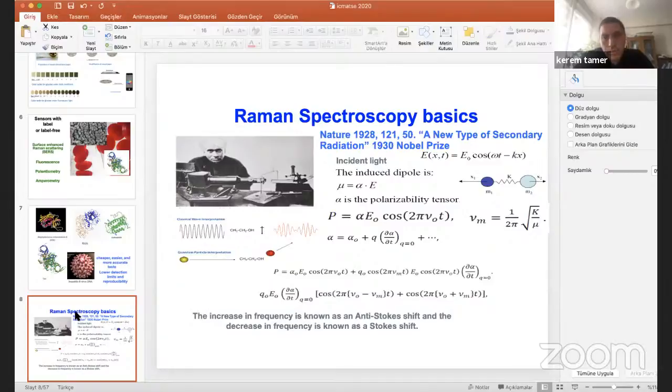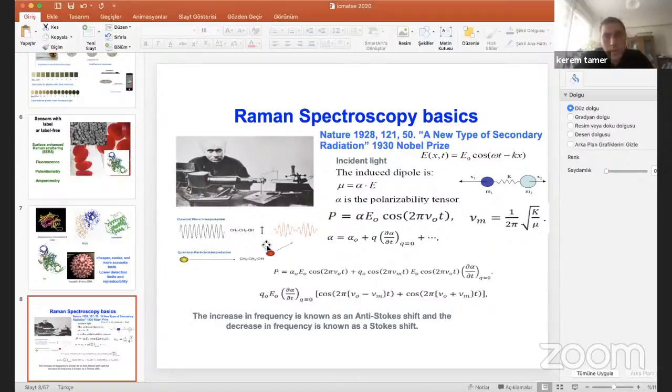Okay, polarizability also important in here, but signal is very weak actually, because only one photon is scattering inelastically between the 1 million photons. Okay, because of this reason, you should increase the signal actually.